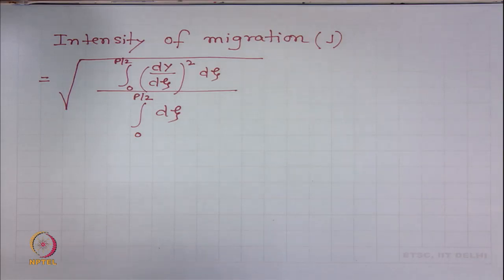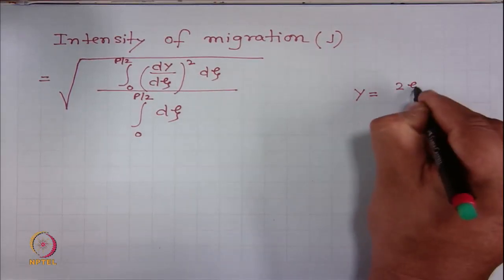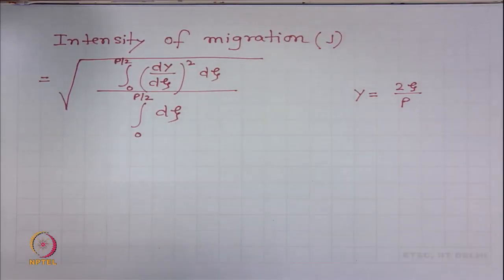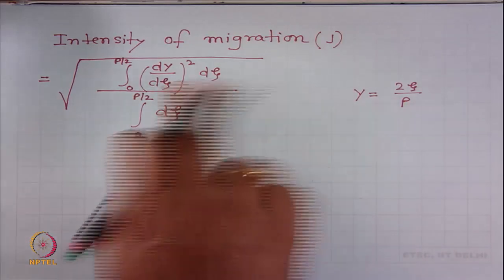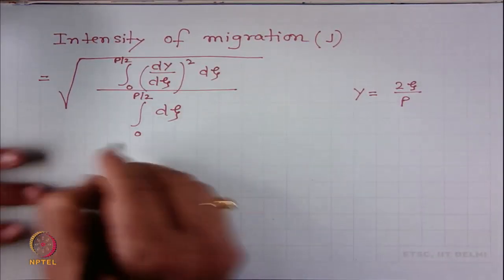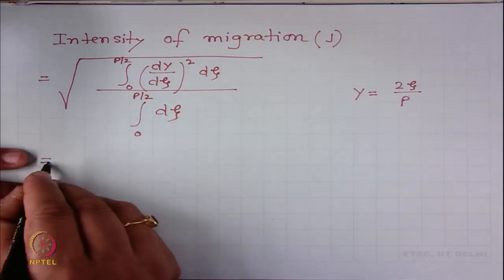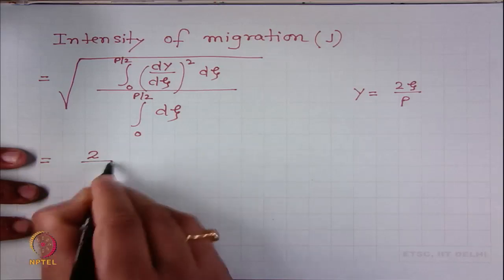So, this is how we define intensity of migration. What was y? y was 2 zeta by p, right. So, if you take the first derivative, substitute, and solve this integration, you will see that you get this value as 2 by p.